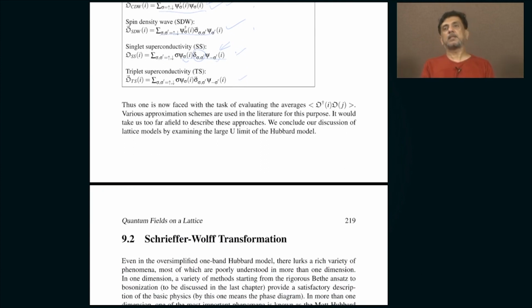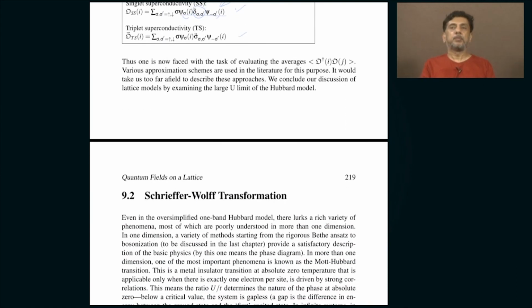Okay, so in the next class, I will be describing some approximation schemes which are controlled, in the sense that you can justify them somewhat mathematically as a systematic expansion in powers of something. So, we will be able to show that such a systematic expansion, one such expansion is called the Schrieffer-Wolff transformation, enables us to show that there is a limit in which this sort of Hubbard type of model can be mapped into something called a t-J model, which describes antiferromagnetism.